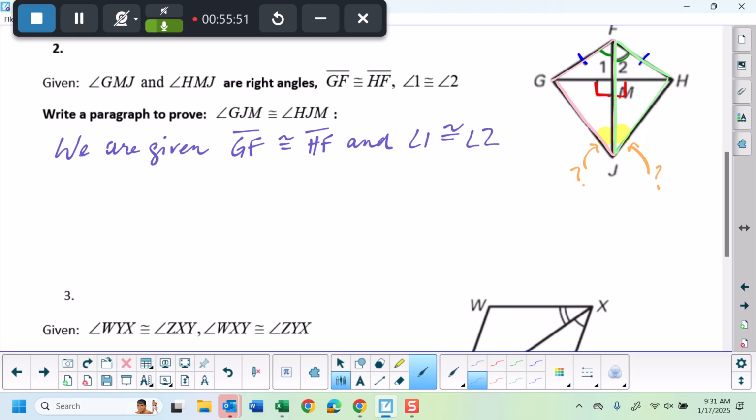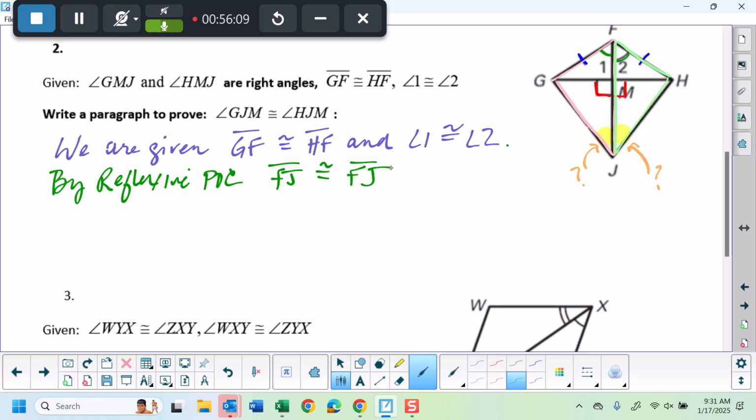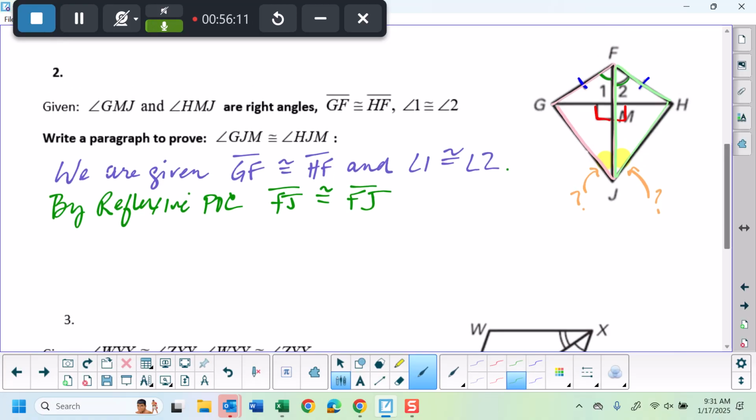to angle 2. And then my next sentence is going to be by the reflexive property of congruence, I know that segment FJ is congruent to segment FJ. Now keep in mind, I didn't need to flip-flop FJ and JF because these two triangles are a reflection of each other, and FJ corresponds.